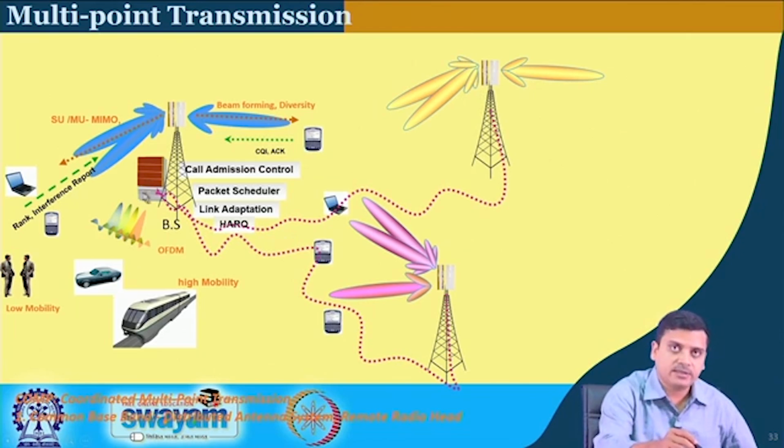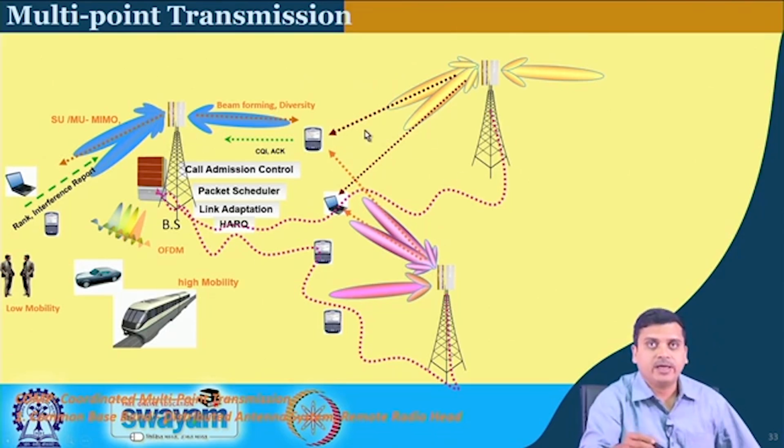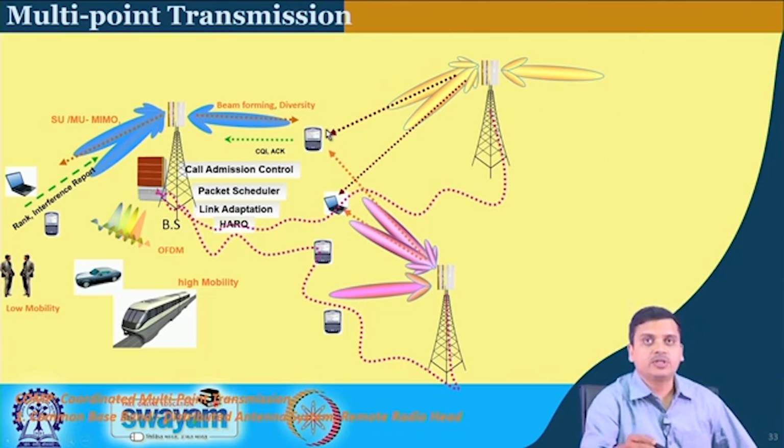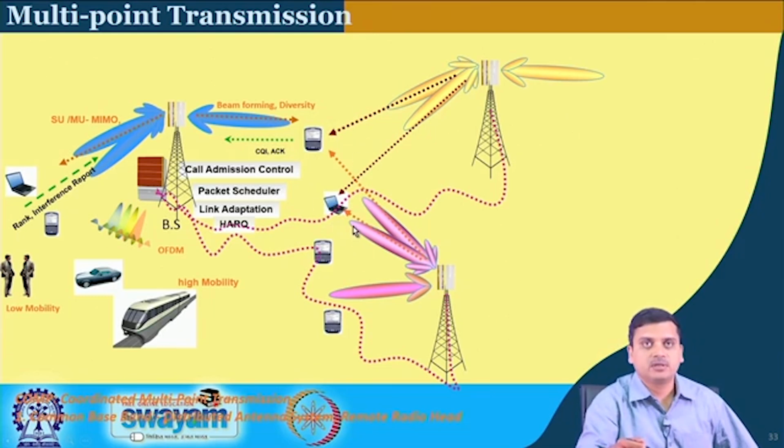There is a central processing unit, so that they can send signals to the user equipment, especially those towards the edge region, which are supposed to get interference from neighboring base stations. Instead of getting interfered, they send signals in such a manner that they exploit the channel properties as well as the architecture of the network, and instead of having a worse condition, they enhance the user's capability and the experienced quality of service by this mechanism.